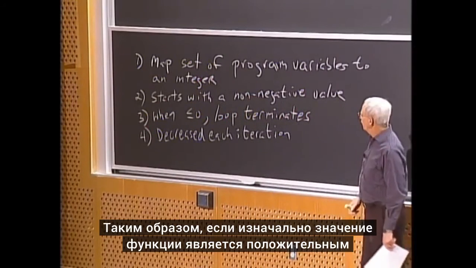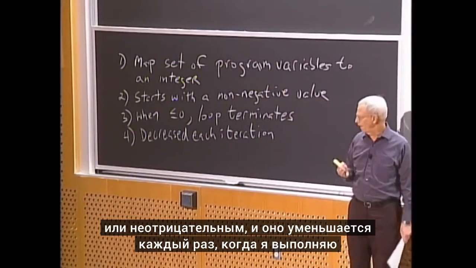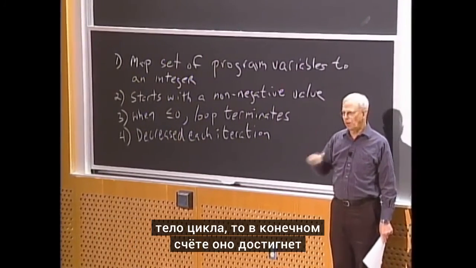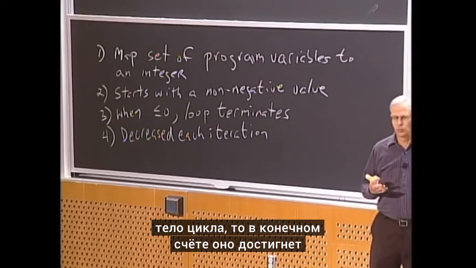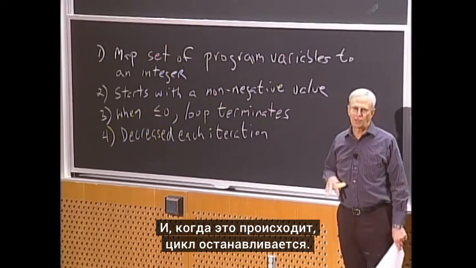So what we see is if it starts to be a positive value, or non-negative, and it's decreased every time I execute the body of the loop, then eventually it's got to reach 0, or something less than 0, and when it does, the loop stops.